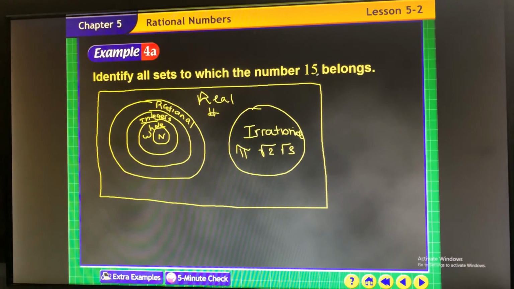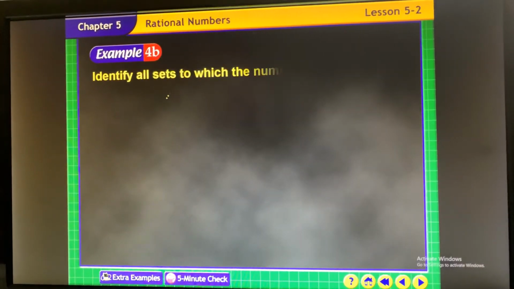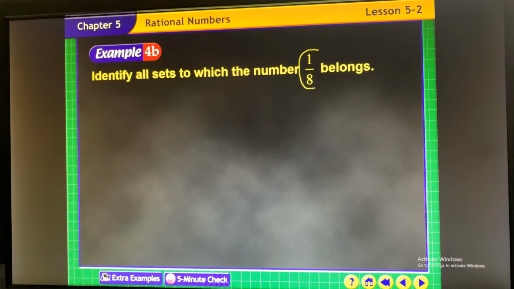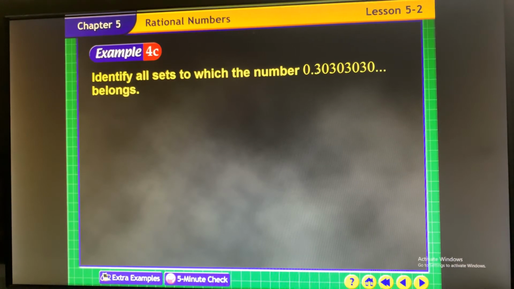So when you identify a number like 15, you start in the center and you say, is it natural? If you say yes to natural, then it's automatically all of them, okay? And it is natural, so it's whole, integer, and rational. 1/8, the only thing that can be a fraction is rational. This is a repeating number.